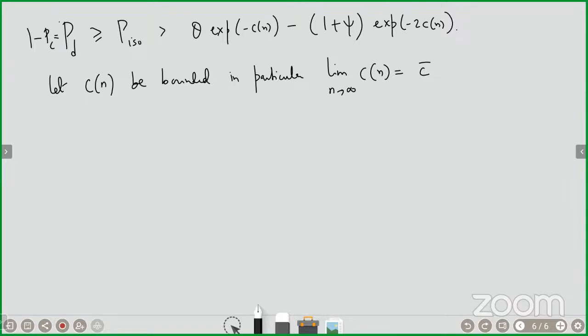Then can I make a property that for any p greater than 0, c of n is less than or equal to c bar plus p for n greater than some n? By the definition of the limit, the limit of c of n is c bar. So c of n eventually has to be very close to c bar. I'm just inserting a p so that it holds for n greater than n, which depends on p.